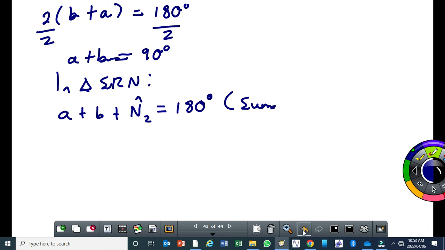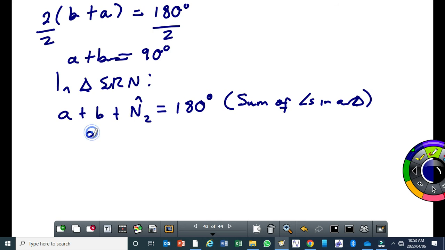My reason here is sum of angles in a triangle. Now, what is A plus B? It's equal to 90.